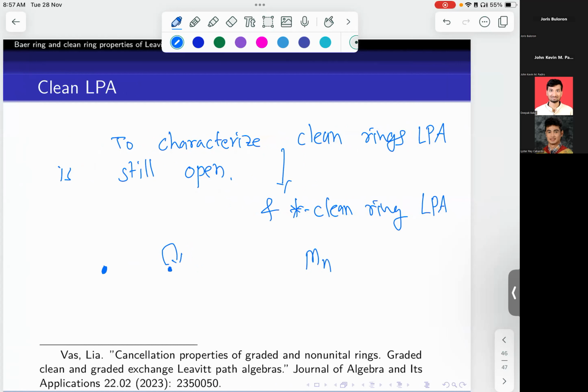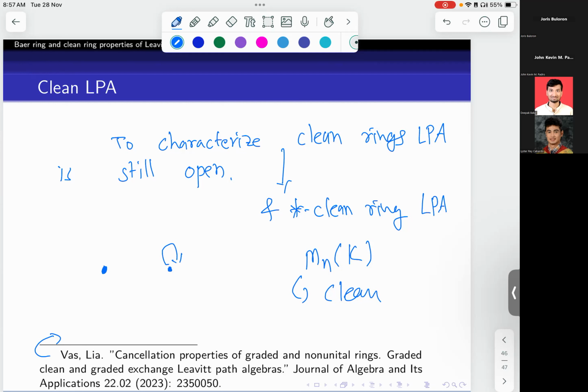We had seen that certain matrix algebras M_n(K) emerged and they are clean. So there are ample examples of clean Leavitt path algebras, but the characterizing condition for clean ones is not known. The graded versions are known. The graded versions of Baer and Rickart are also given in the previous paper.